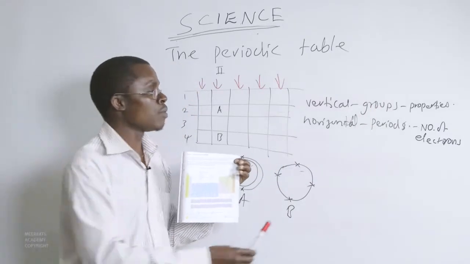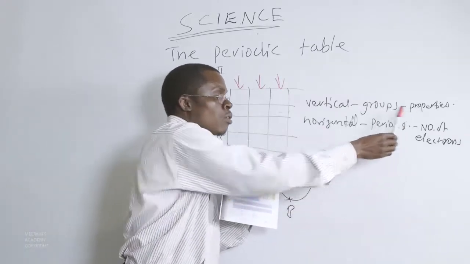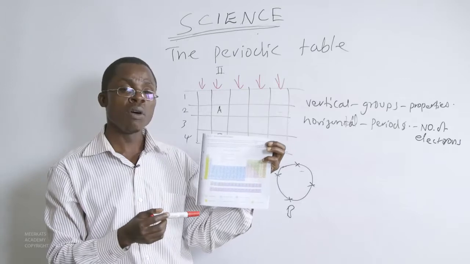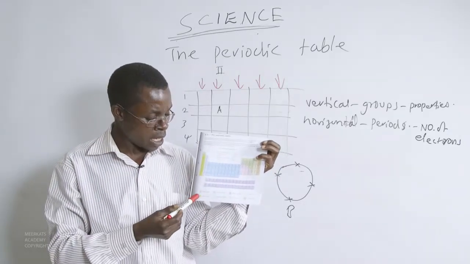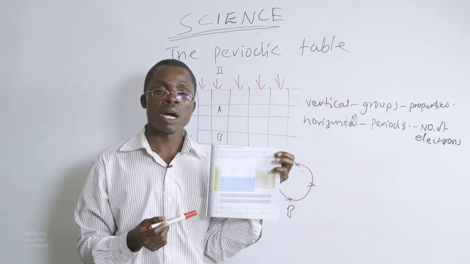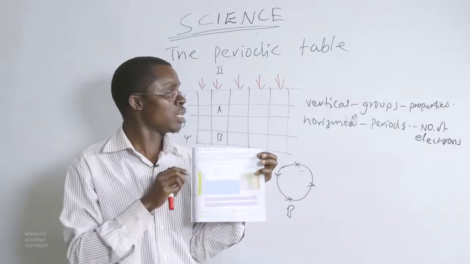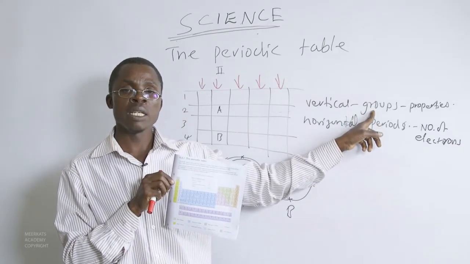Why? They have the same properties. They have the same chemical characteristics, which we call, therefore, by a chemical family name, alkali metals. So the family name to this group of elements is alkali metals.